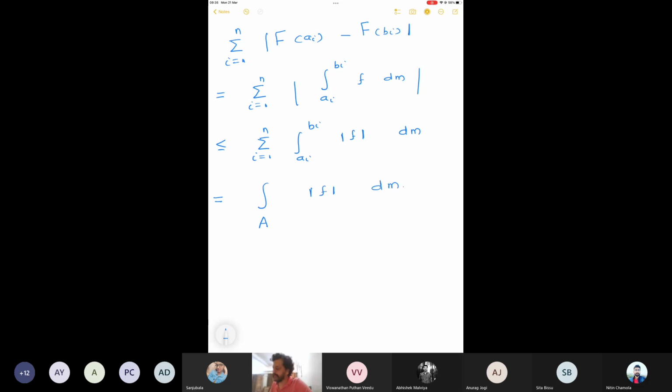Can you guess what A is? Who can tell me what A is? Is this so hard? The summation of integrals over (a_i, b_i), I want to identify as an integral over a set A. What is that set then?